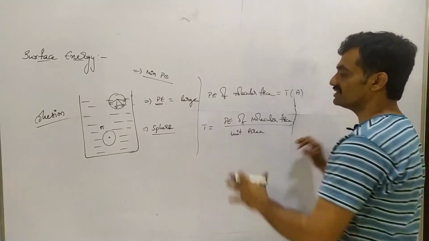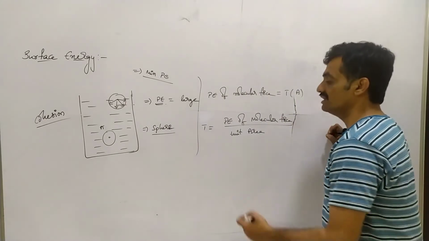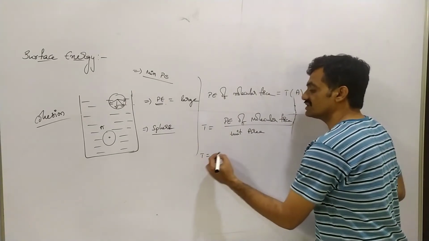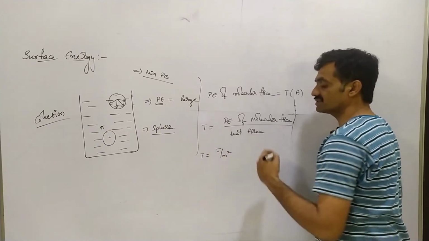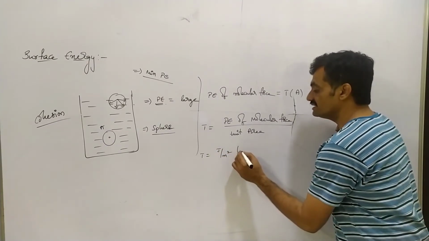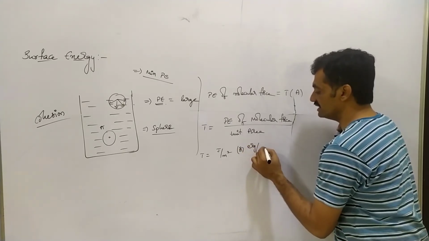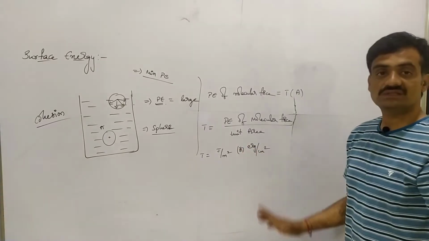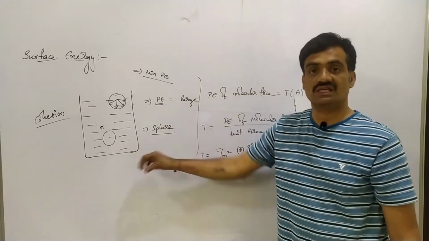This represents surface tension in terms of surface energy. The unit of surface tension is joule per meter square in the SI system, and in the CGS system it is erg per centimeter square. In this way we can represent the surface energy.